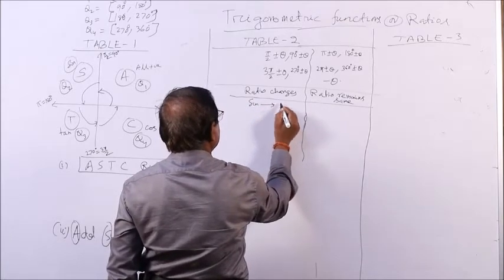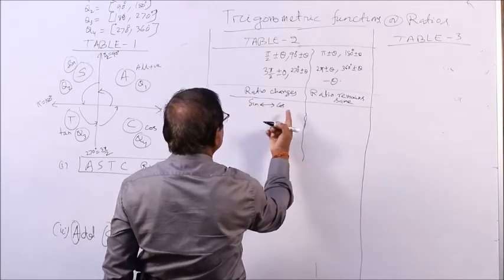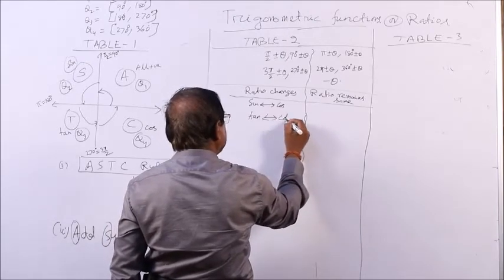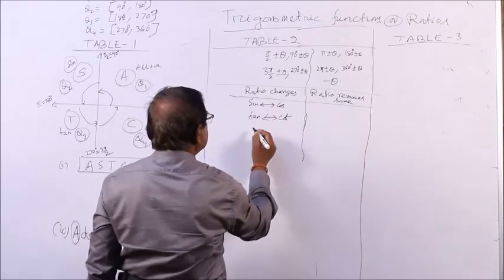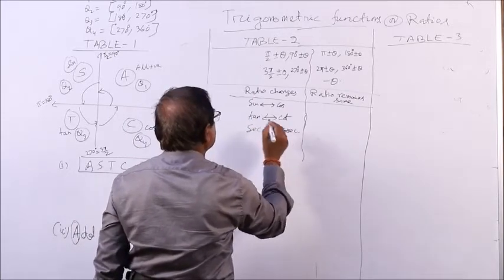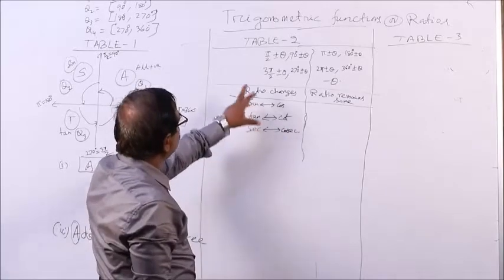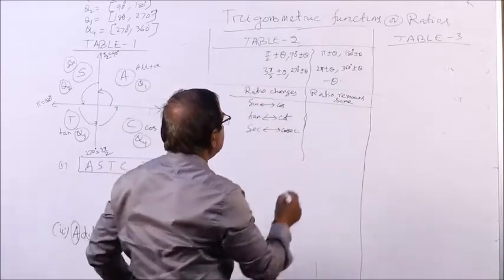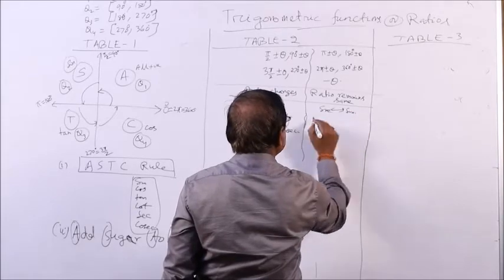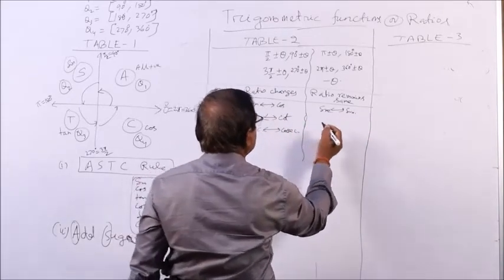Sin becomes cos, cos becomes sin, tan to cot, sec to cosec. Here ratio changes. I will give you the example. Here ratio remains same, that means sin remains sin, whatever was there remains, no change, ratio remains same.